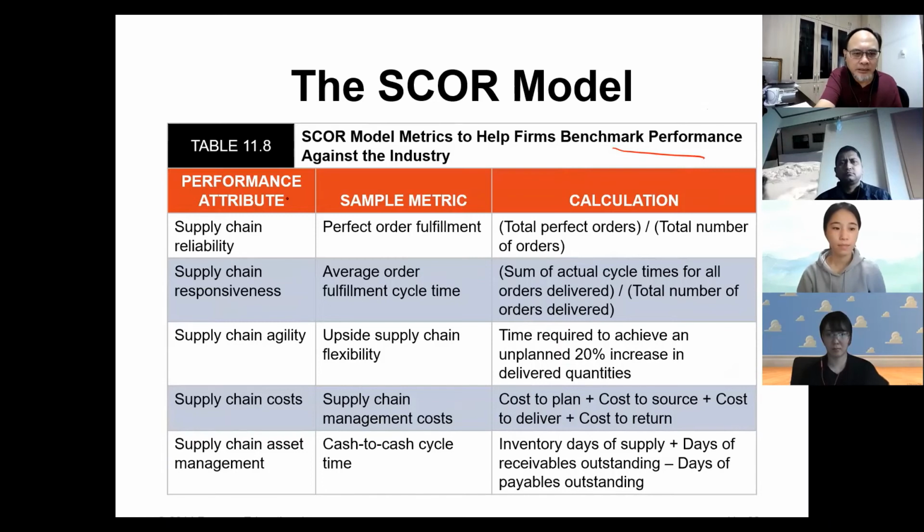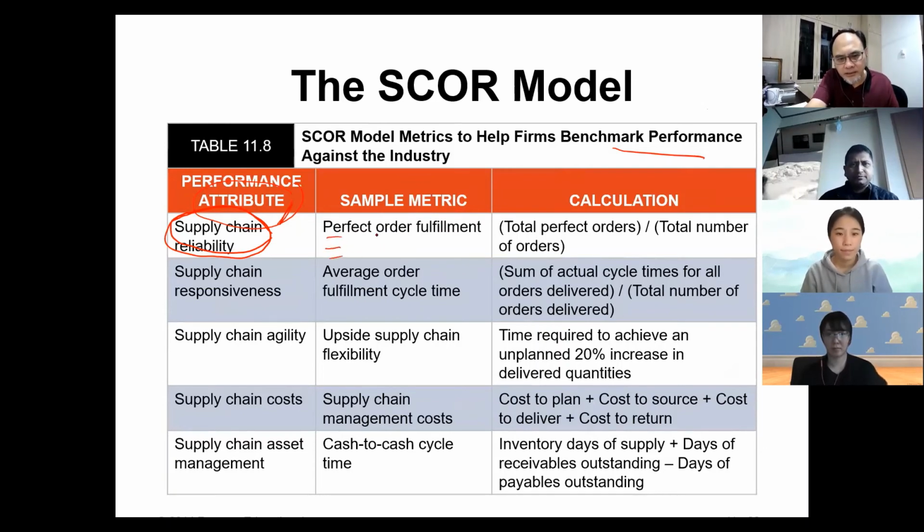For example, the attribute is supply chain reliability. If you do research on these benchmarking models, you must have the performance attribute and sample metric. There are probably many other metrics, but this is one of them: perfect order fulfillment. This is how they calculate the perfect order fulfillment.